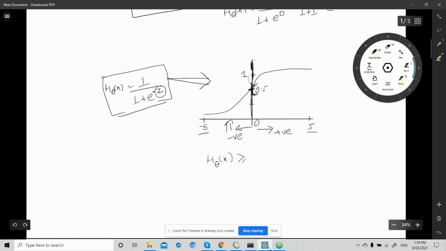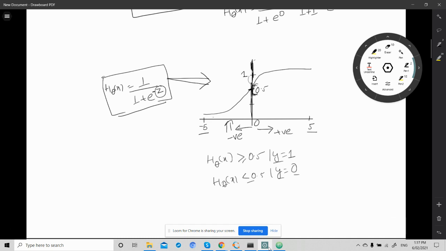If h theta of x is greater than or equal to 0.5, then we predict our value for y will be 1. If our h theta of x is less than 0.5, which is below 0.5, then our y is 0. So anything beyond 0.5, our y will be 1, and anything less than 0.5, our y will be 0.